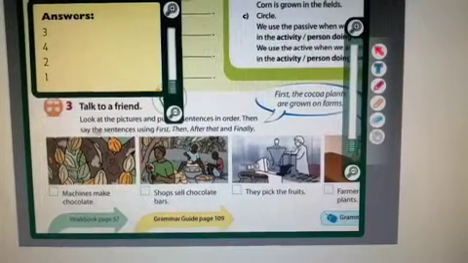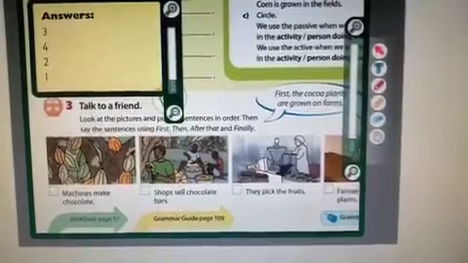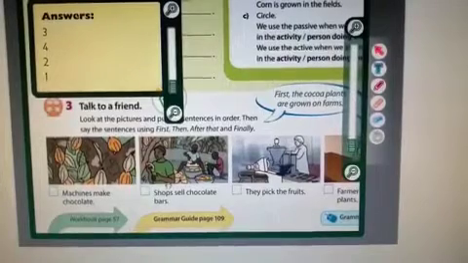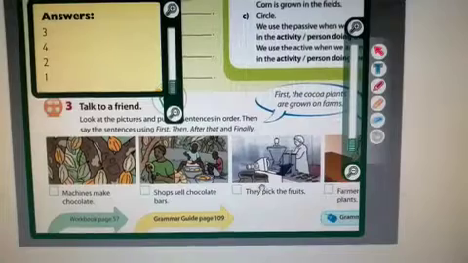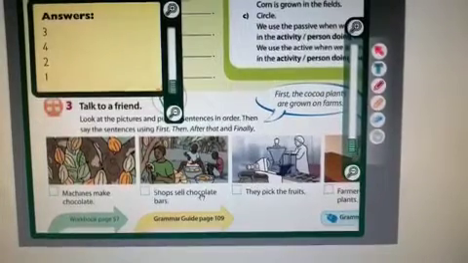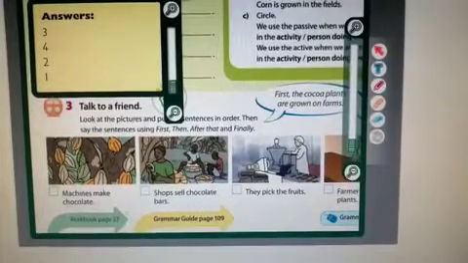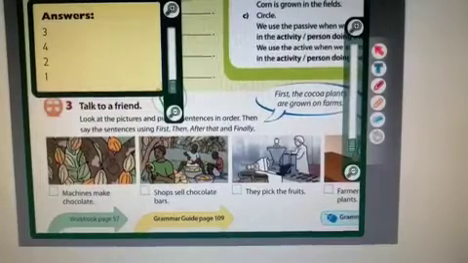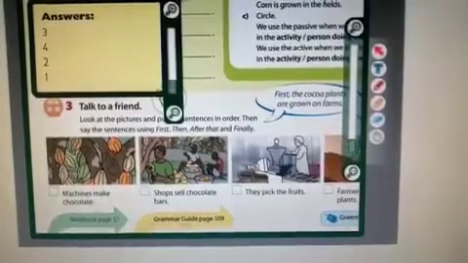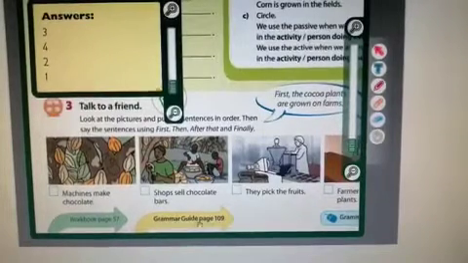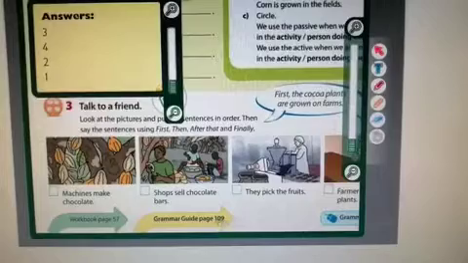Now, the homework for this exercise: read the sentences correctly. Try to record your voice and send it to me. I will give a mark for your reading using first, then, after that, and finally. After that, I want you to do workbook page 57 and grammar guide page 109. Thank you.